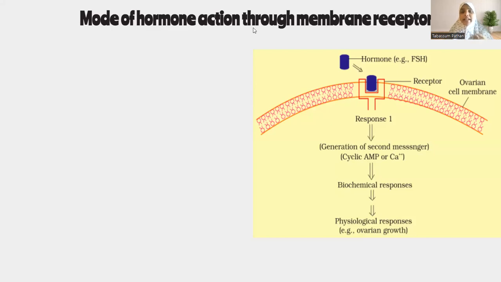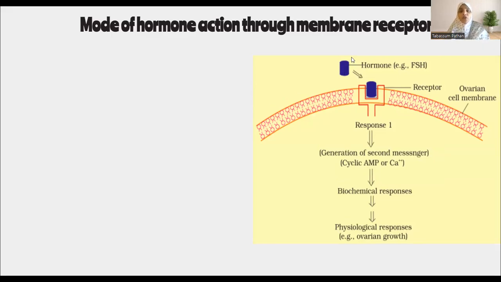As you see in the diagram, what will happen first? The hormone comes in. The hormone is circulating in the blood. When it reaches a target organ, a cell or tissue, then the complementary receptor will be present. It's like a lock and key mechanism, just like we saw in enzymes in 11th standard. A specific enzyme will be there for a specific substrate.